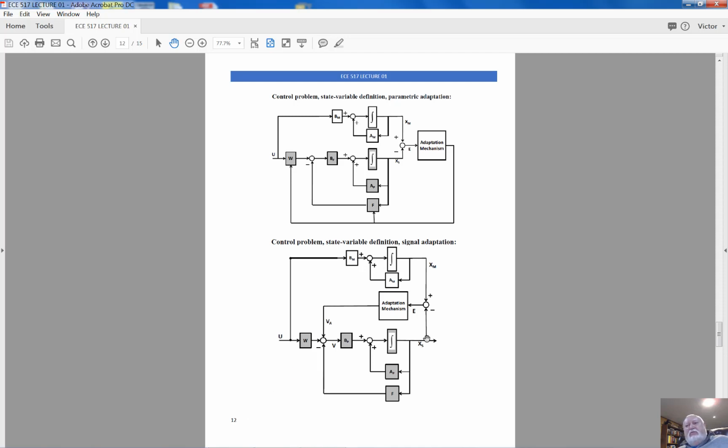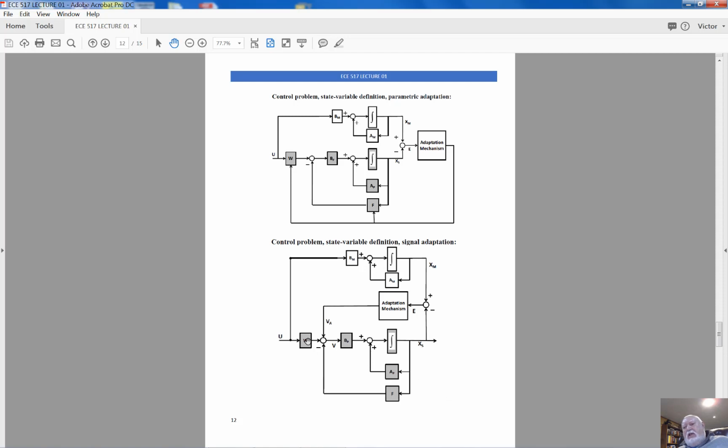This is the system, control system with signal adaptation, state variable definition. Again, this is the reference model. It's a simulator that represents the desired closed-loop system operation. This is the real physical system with the controller, with the control plane, and two components of the controller, state variable feedback controller and the filter in the reference channel.